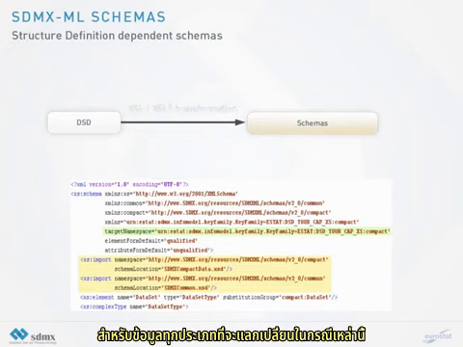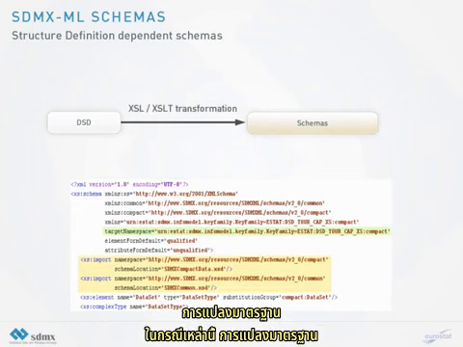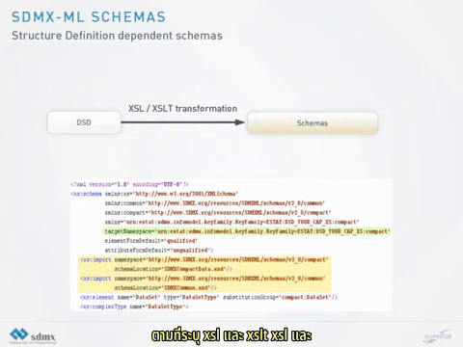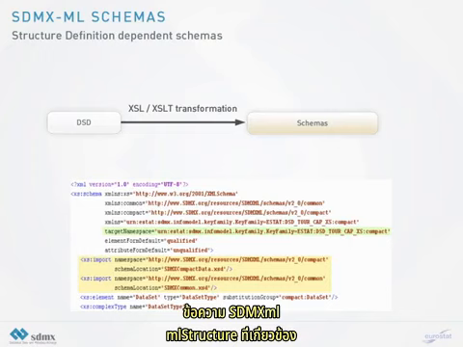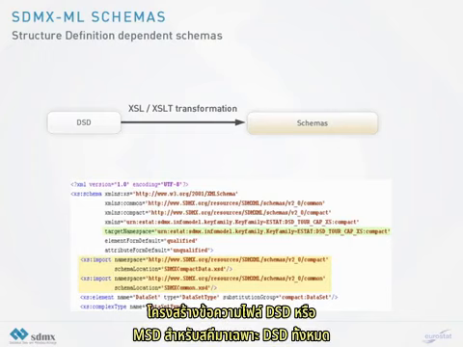In these cases, standard transformations with dedicated transformation files such as XSL and XSLT are provided, and the schemas can be predicted from an examination of the related SDMX-ML structure messages, DSD or MSD files.